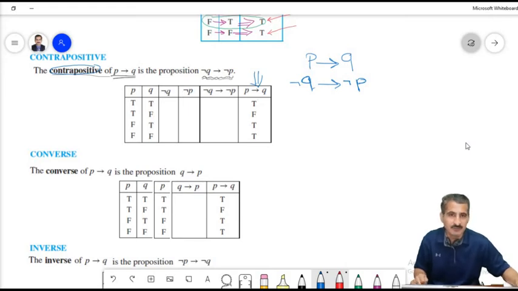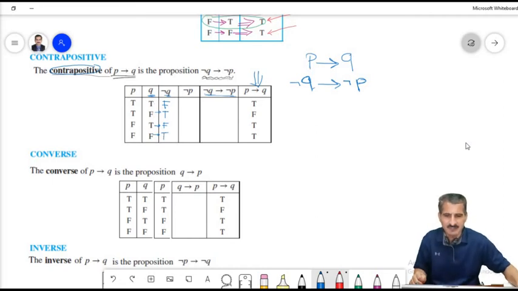What we want to do now is find the truth table of the contrapositive, not Q gives not P. To do so, we need to find what is not Q. This is Q here. We obtain not Q by negation. Negating true gives us false, negating false gives us true, negating true gives us false, and negating false gives us true.